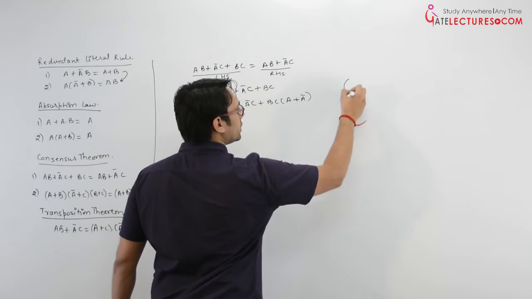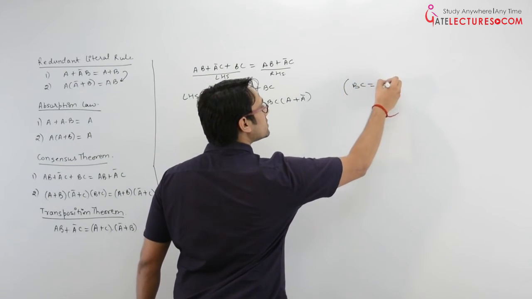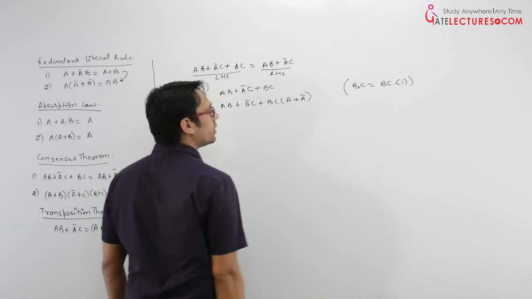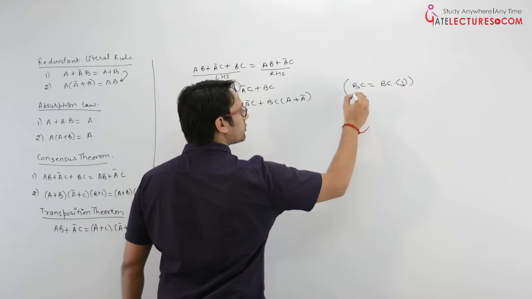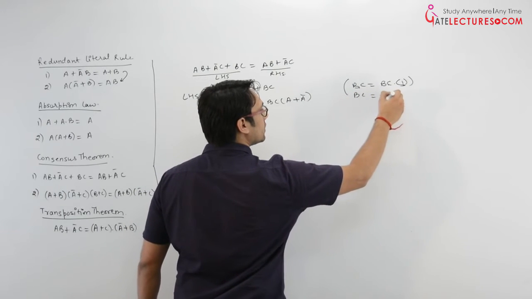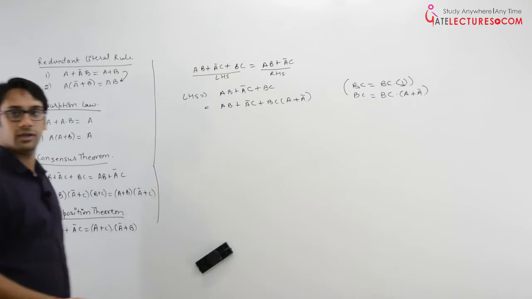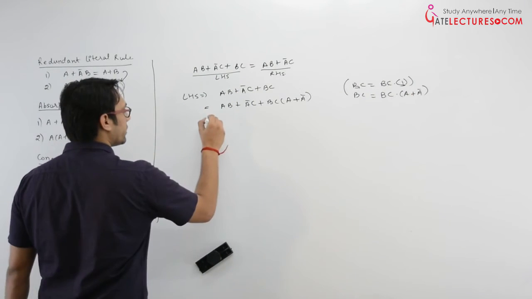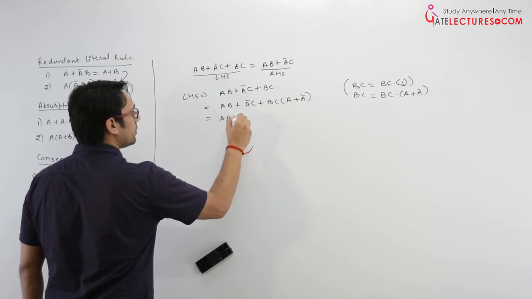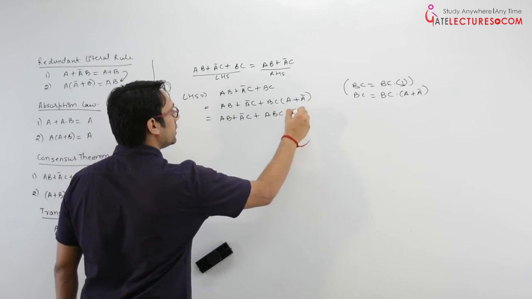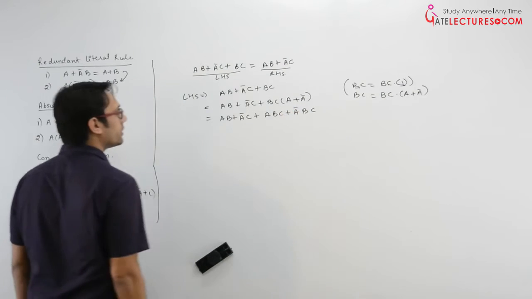Because if you see, BC is equal to BC dot 1, and instead of this one I can also write BC is equal to BC dot (A plus A complement). It is very easy to understand in this case, right? So you can write it as AB plus A complement C plus ABC plus A complement BC, right?